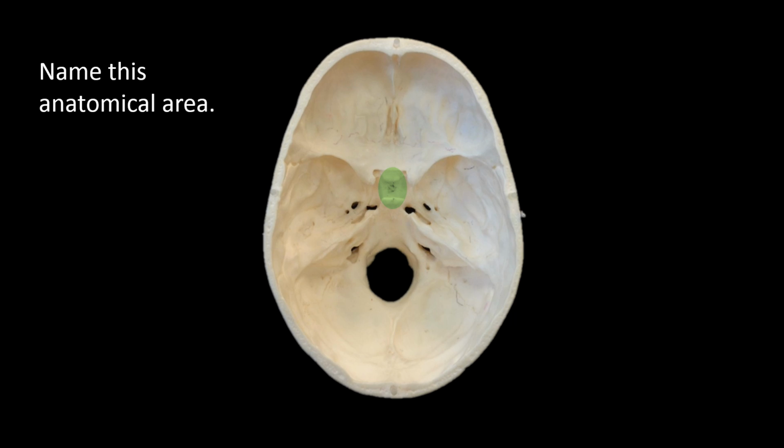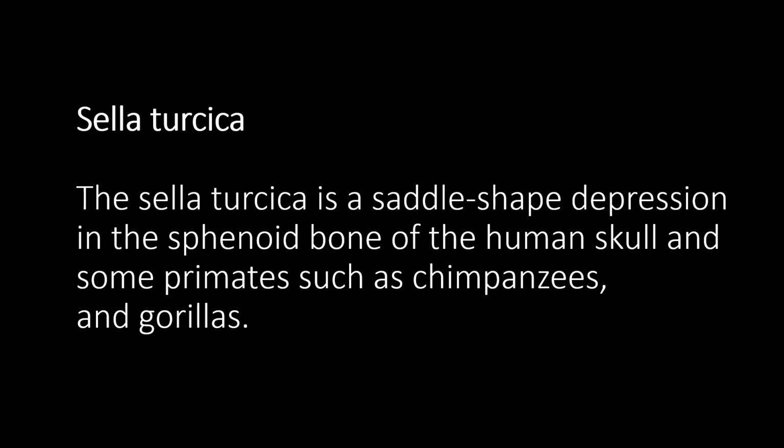Name this anatomical area. Sella turcica. The sella turcica is a saddle-shaped depression in the sphenoid bone of the human skull, and some primates such as chimpanzees and gorillas.